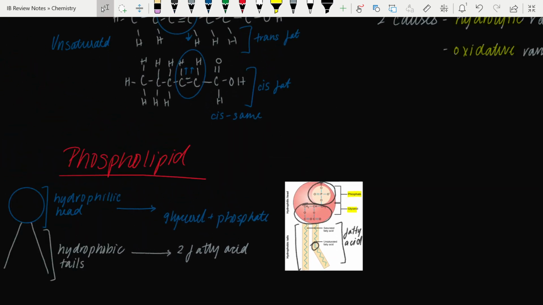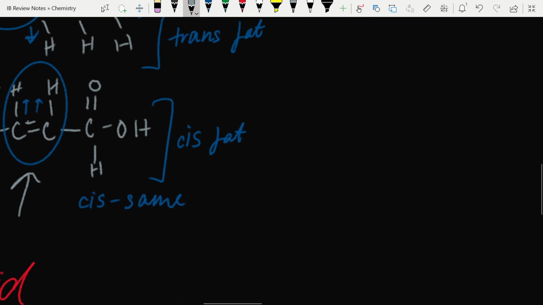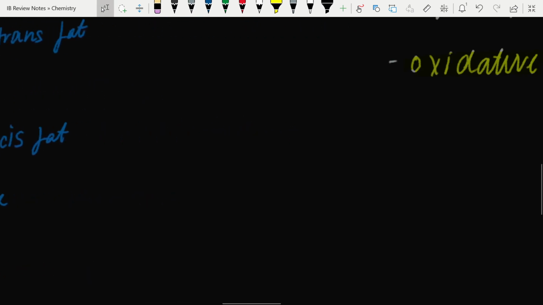So after phospholipids, let's go back and see how to calculate the degree of unsaturation in fat with iodine. If you look at this structure right here, let's just make that a little bigger.